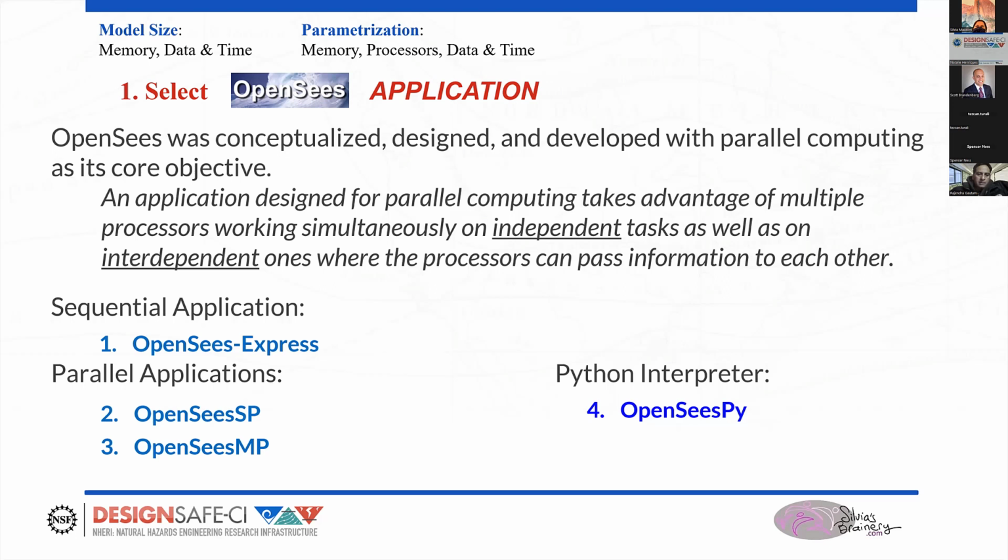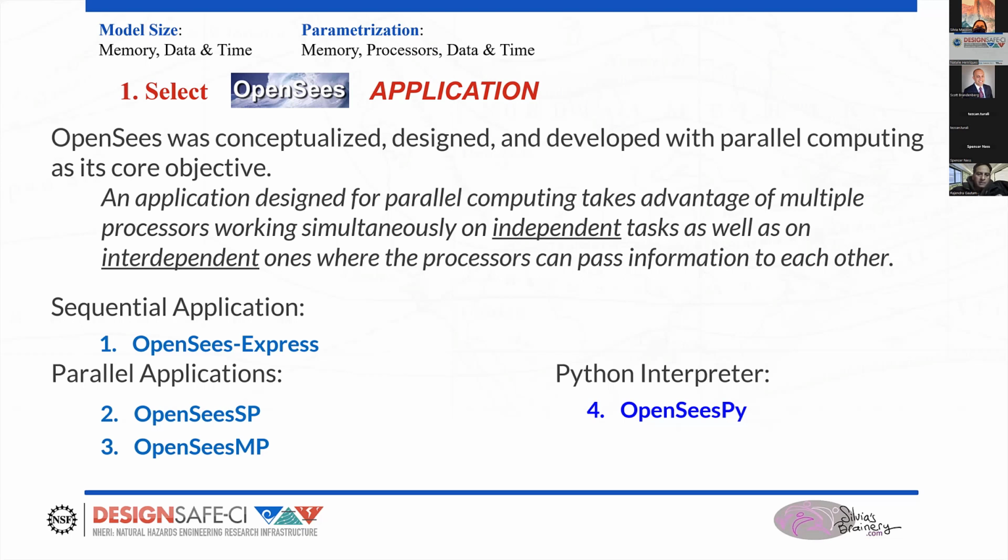So for example, I use OpenSeesPy a lot, and I use concurrent futures. Well, that's a great way of parallelizing, but now I'm using a separate library. If you can bring the parallelization directly within OpenSees, now you're using your resources much more efficiently. And so if you can do things within OpenSees, it's the best thing, okay? And so there's three very different personalities of OpenSees applications.